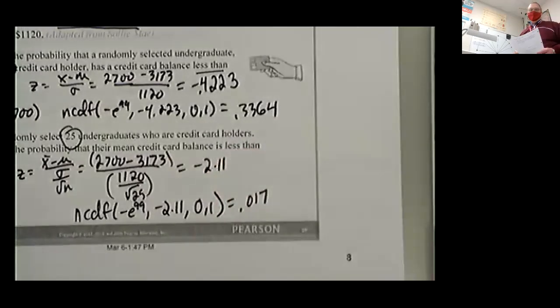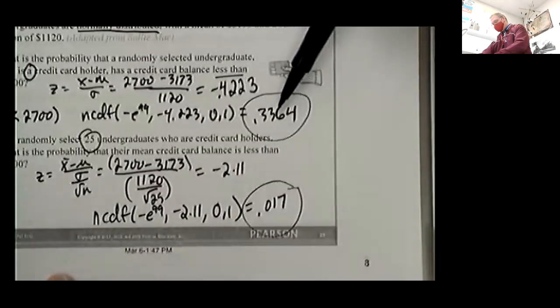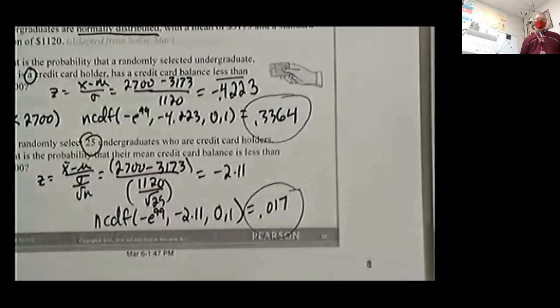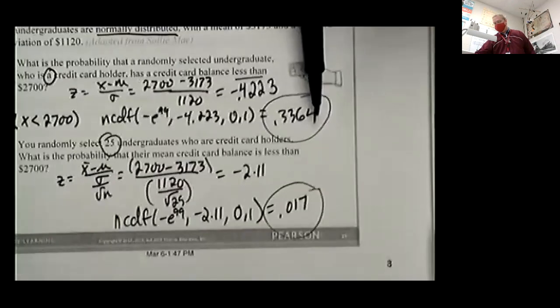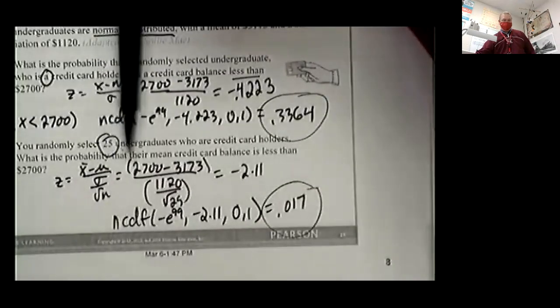0.017. Now, here's the question. Why did we drop so much? Why did we drop from 33% to 0.017? Well, here's the idea. Because we went with one person, we don't have a very good idea of what's going on. But once we get 25 people, we get a lot more information to deal with.